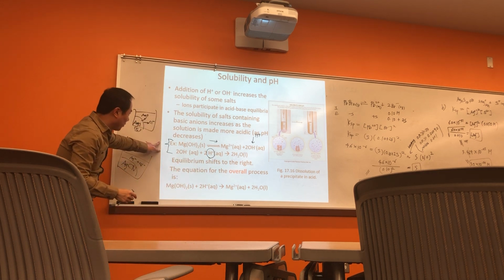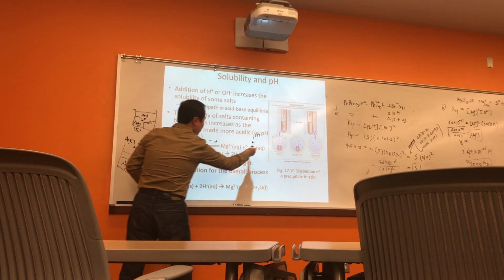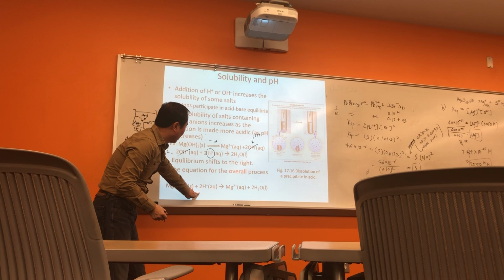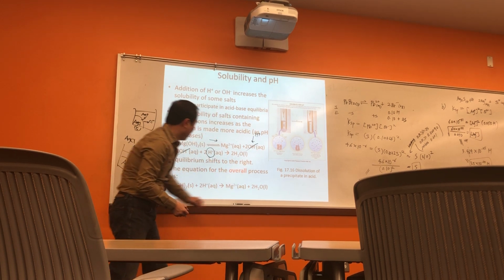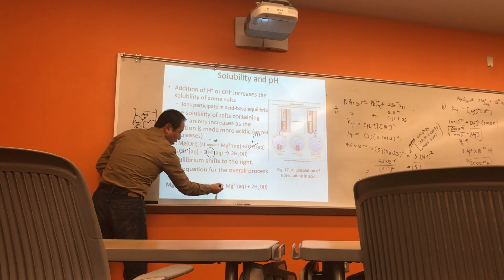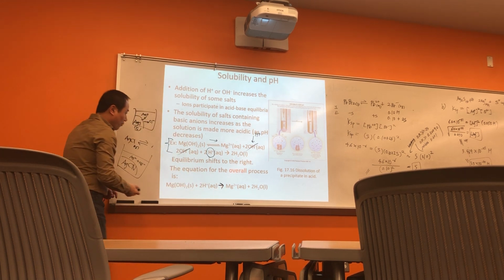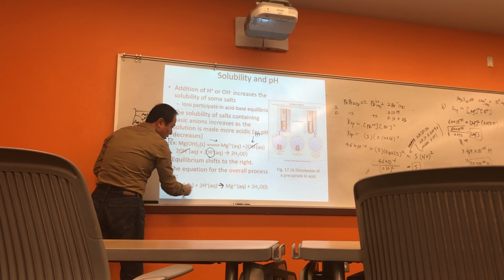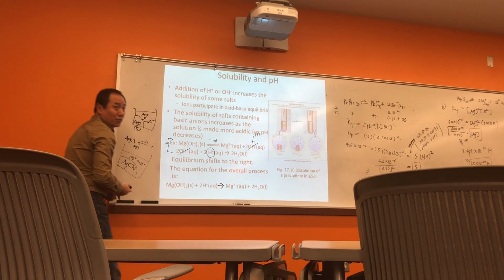Together, when we add them, this cancels, so the overall reaction is magnesium hydroxide plus hydrogen ion turning into magnesium ion and water. When you add two reactions, this is now a single arrow, not a double arrow. Anytime you use a strong stuff with a weak stuff, the strong one always wins. So that's why it's a single arrow. Okay?